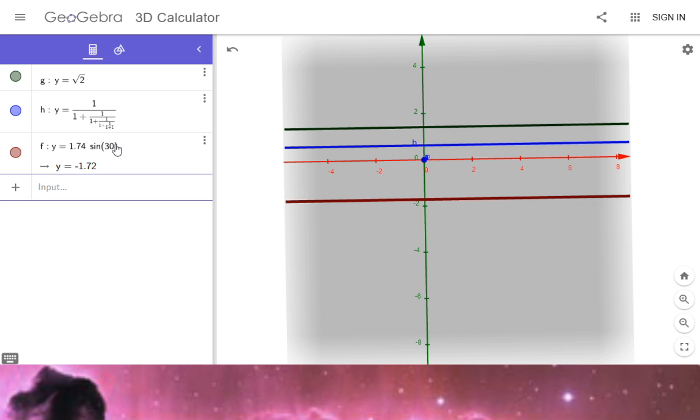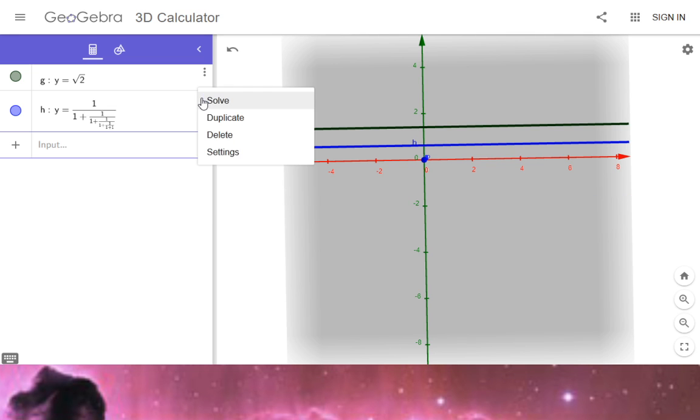It might be minus 0.5. Well, I don't know what it is. It's been a long time since I messed with these numbers. I don't know how to... Okay, so we can delete.